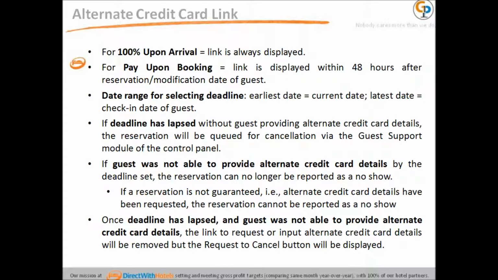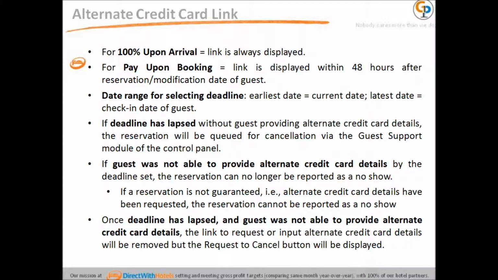If the deadline has lapsed without the guest providing alternate credit card details, the reservation will be queued for cancellation via the guest support module of the control panel. If the guest was not able to provide alternate credit card details by the deadline set, the reservation can no longer be reported as no-show.